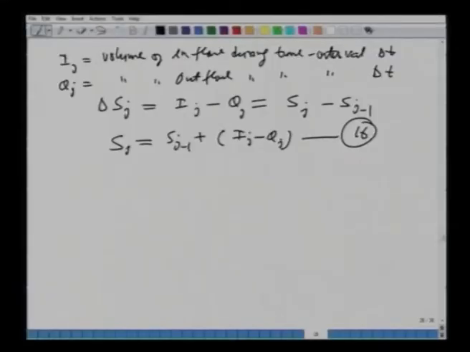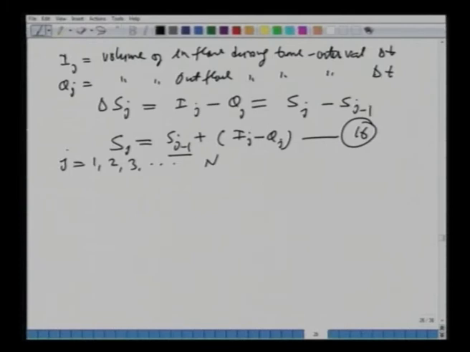Now, we can apply this equation at each time interval, so that we will have a general expression. Each time interval means we will apply this at j is equal to 1, j is equal to 2, j is equal to 3, and so on, if we have capital N number of time intervals. At j is equal to 1, we will have S0, which is the initial condition or the initial storage.